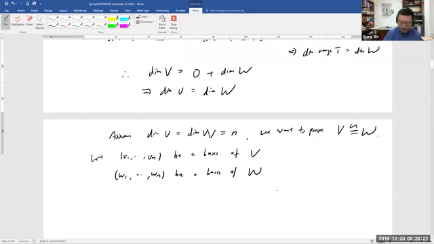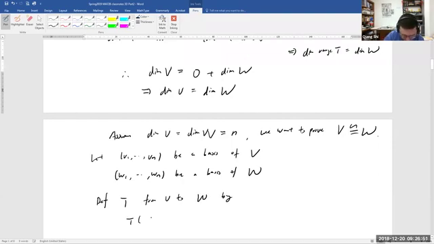To prove V is isomorphic to W, we need to find a linear map T from V to W, and this T is invertible. So we're going to define T, which is from V to W, this way.